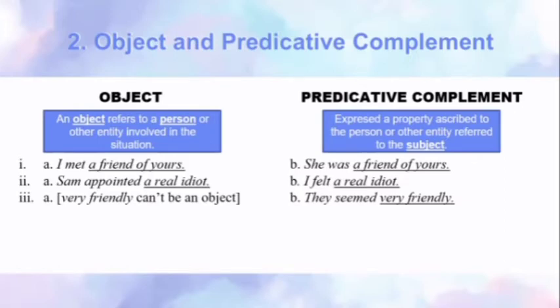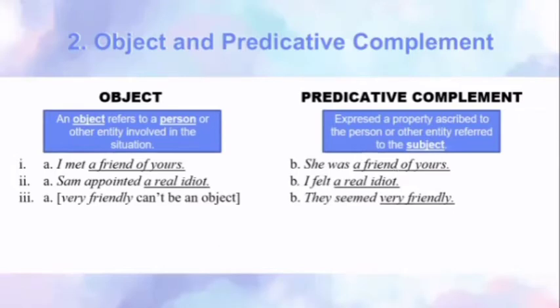The second is predicative complement. It expresses a property ascribed to the person or other entity referring to the subject. For example, she was a friend of yours.